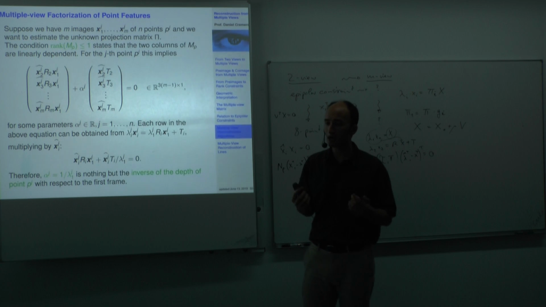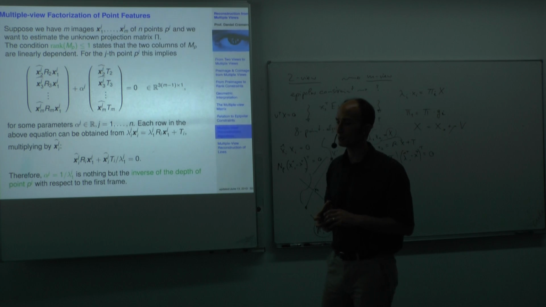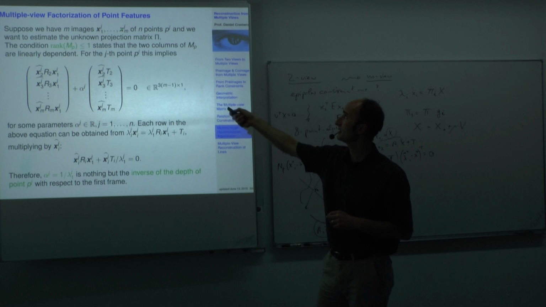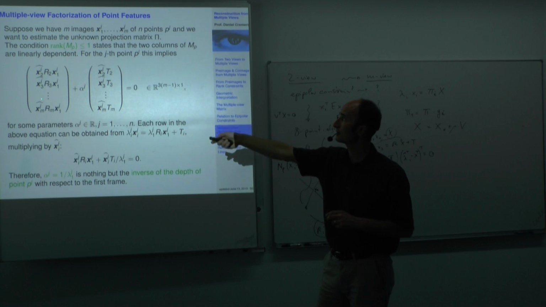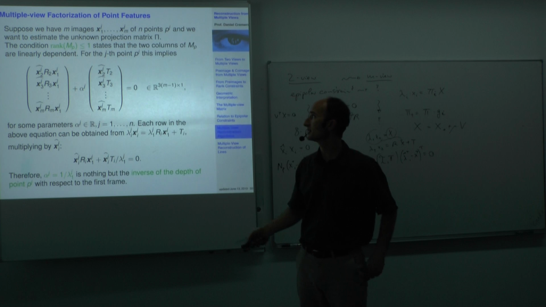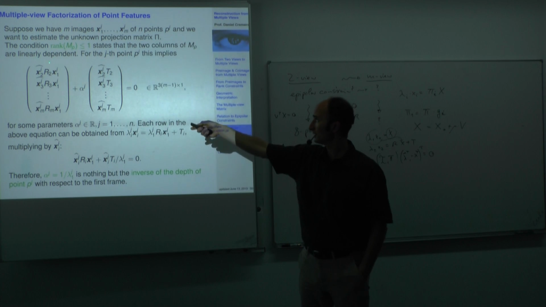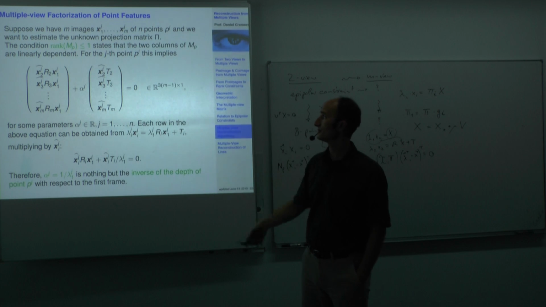So let's look at how that works. It's called a factorization approach because we decouple or factorize this problem. We assume we have m images of n points. We have the rank constraint. That rank constraint, I wrote it here, means this matrix containing these two columns has rank 1, and that means that the linear combination of these two columns is 0.